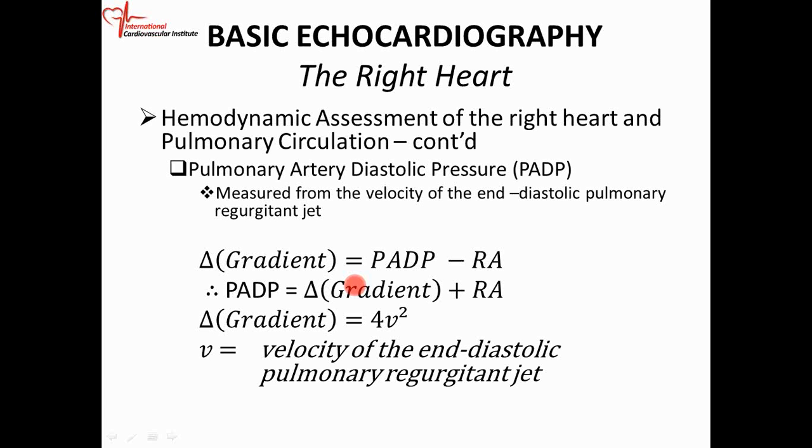But the velocity is the end diastolic velocity of the PI. Okay? So if we want to get the PA diastolic pressure, then it's equal to the gradient plus the right atrial pressure. Everybody follow that?